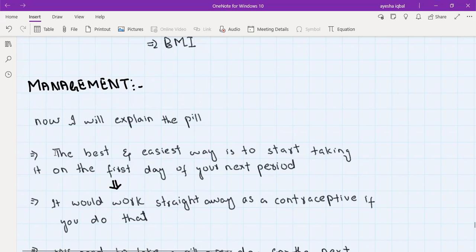So remember we already asked her about the date of her last menstrual period. So we'll tell her that the best and the easiest way is to start taking the pill on the first day of your next period.